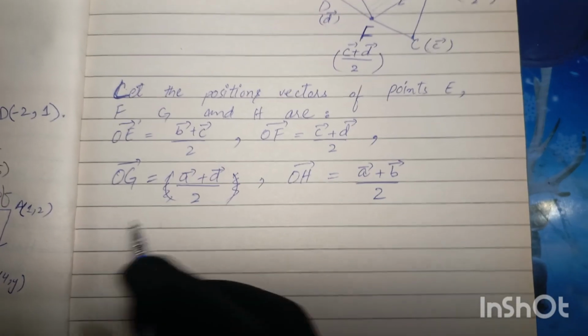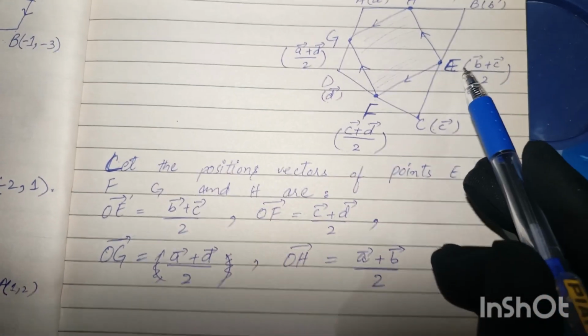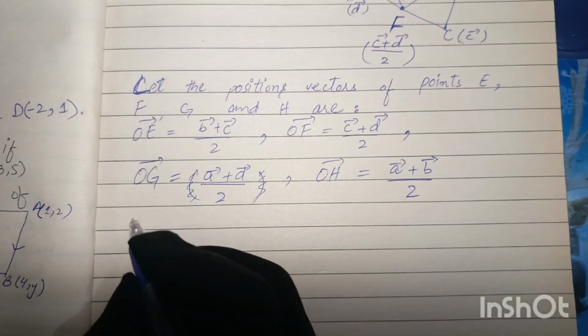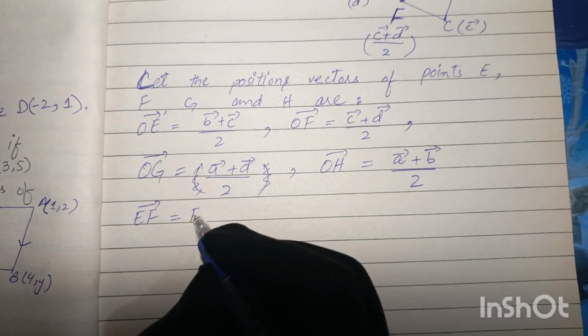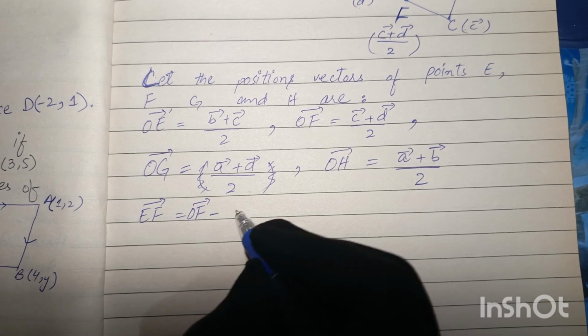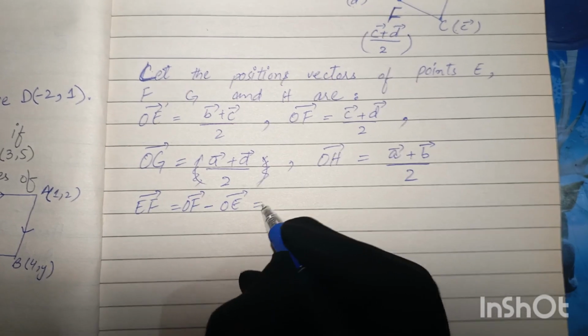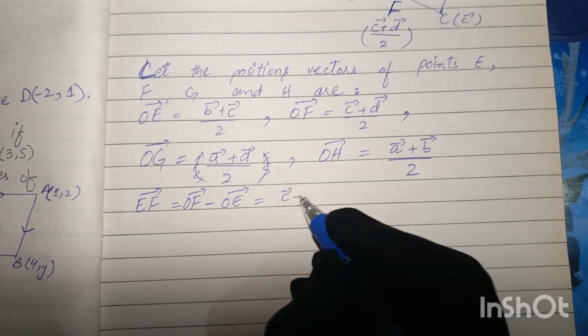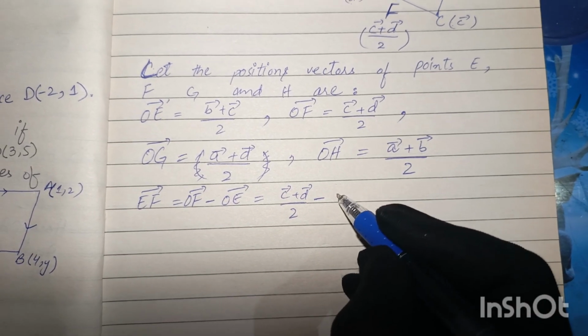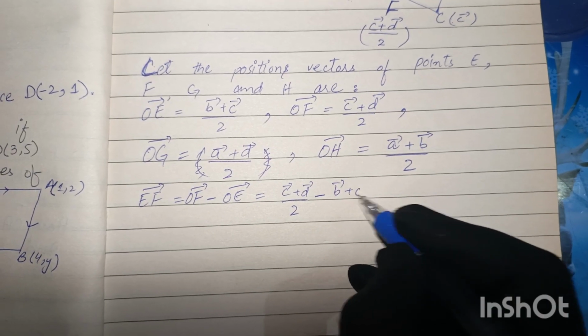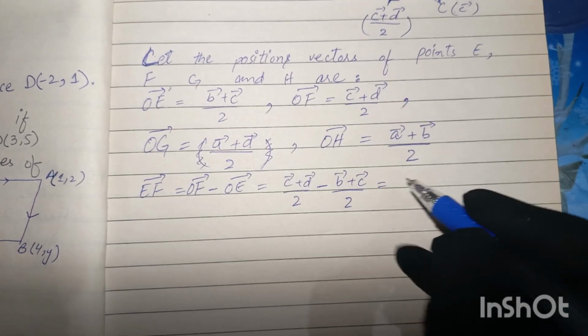First of all, we will find the value of EF, which is equal to OF minus OE, and OF is (C plus D) divided by 2 minus OE, which is (B plus C) divided by 2.